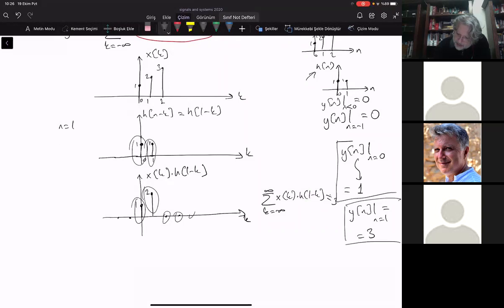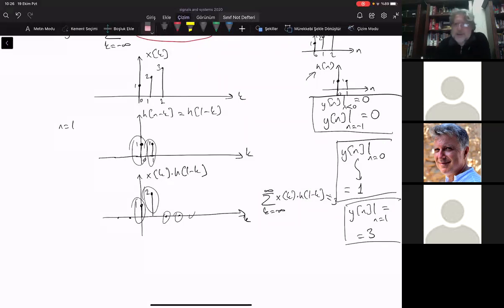Okay, we found this. Previously we found this, and we also found that it's all zeros before. So we flipped around and slid to the right. We obtained 1 and 2 values as a multiplication, and we accumulated all these, and we found 3.